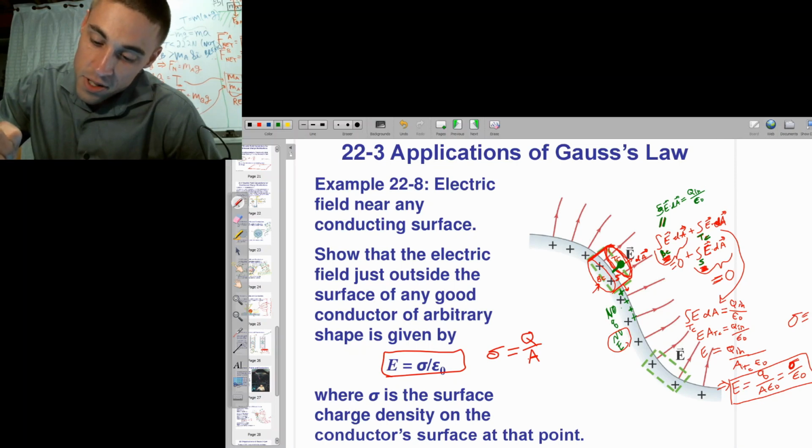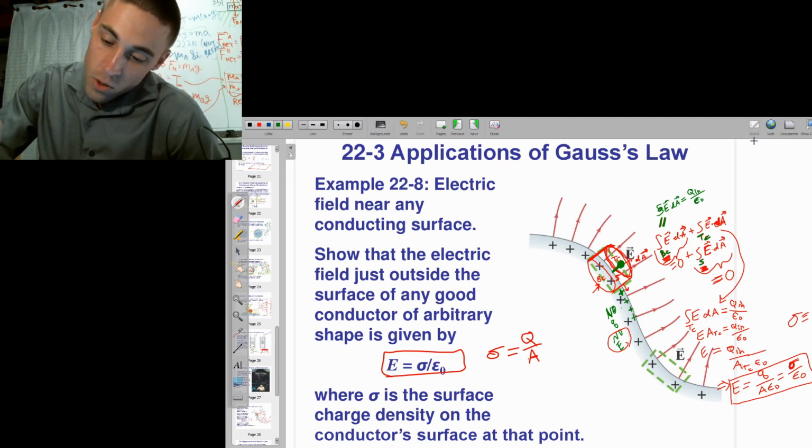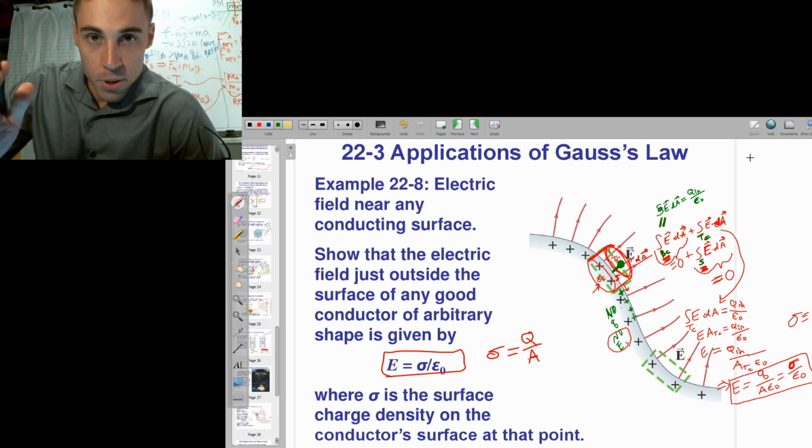Now, the electric field on the side is also going to be 0, but for a different reason. The reason is that the electric field near the surface of a conductor is always going to be perpendicular to the surface of the conductor.